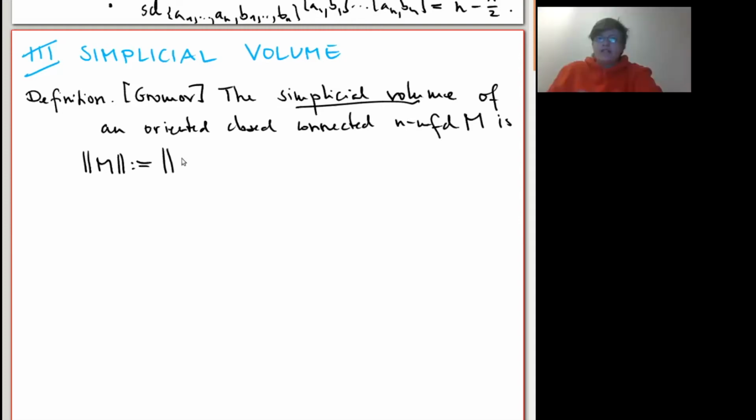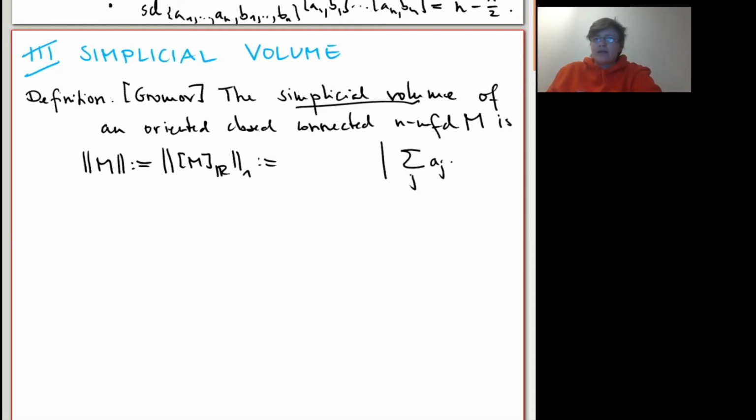So it's just the one norm of the fundamental class, and I'll spell it out in a second what this means. So this means we look at all fundamental cycles of M.